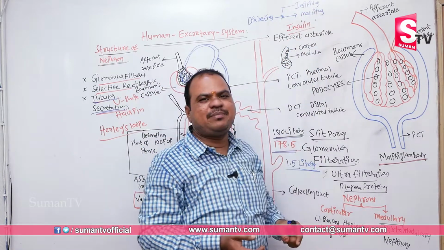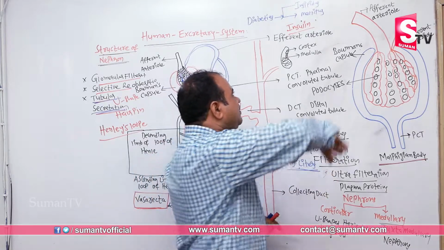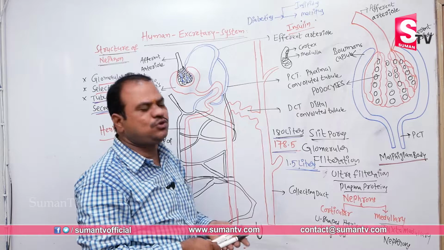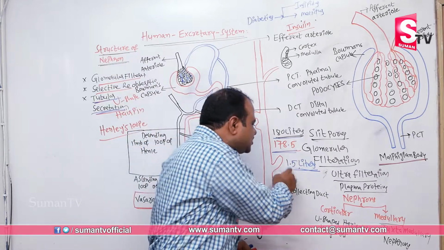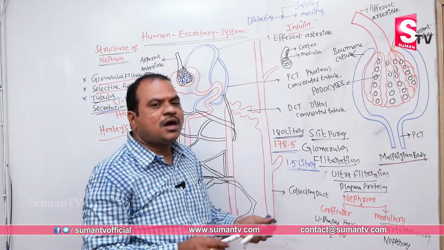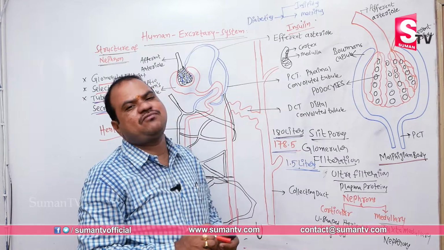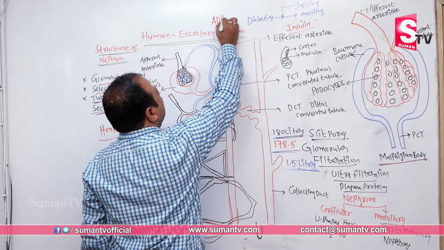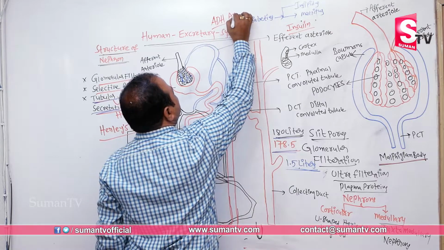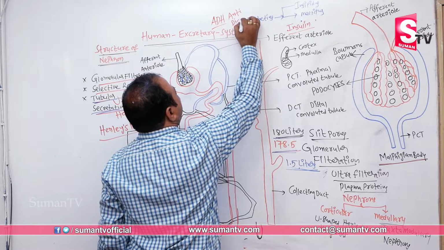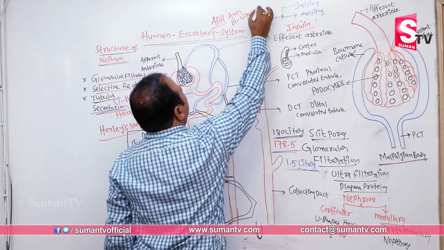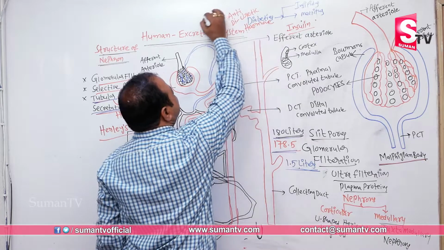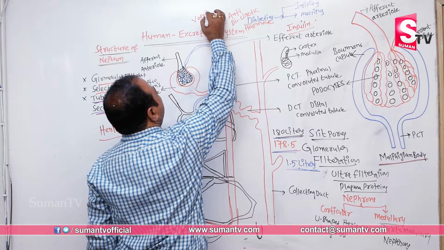But what about diabetes insipidus, sir? Diabetes insipidus is also an excess elimination of urine. Normally we can eliminate 1.5 liters, but due to the absence of one hormone, that is ADH, anti-diuretic hormone, normally we can say vasopressin.